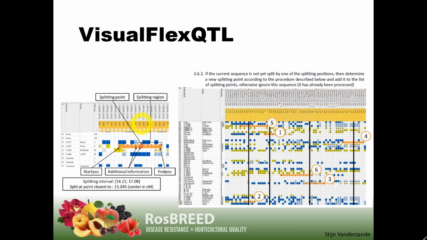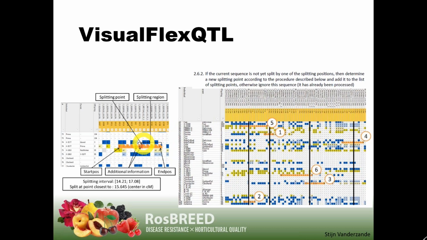That means that if 15 is the middle, the recombination happened between this marker and this marker. So it puts a splitting point for the haploblock right here. If this were the only recombination that we see, then everything left of this splitting point would be one haploblock, and everything right of it would be another haploblock.